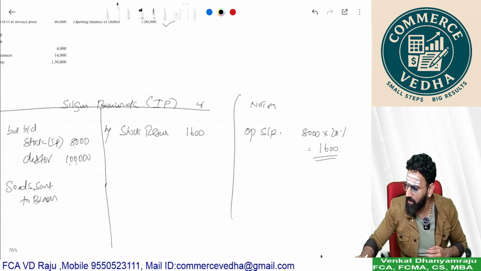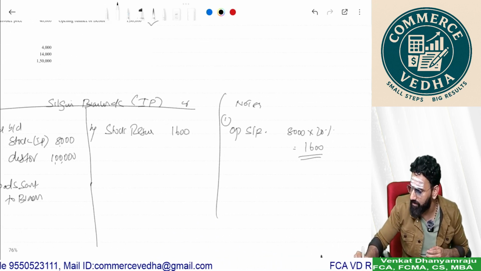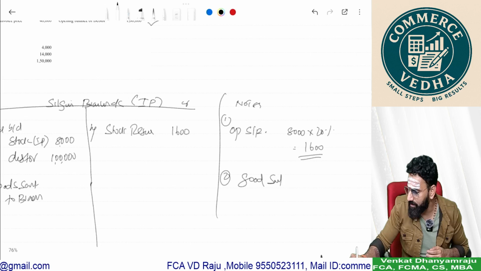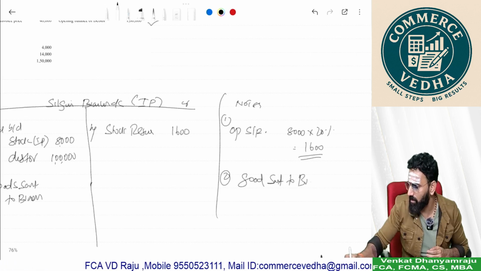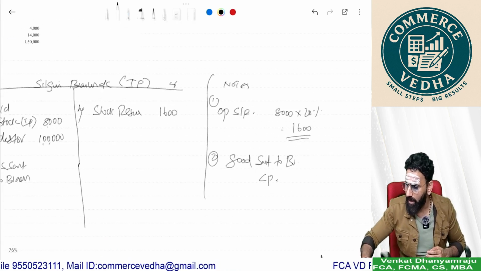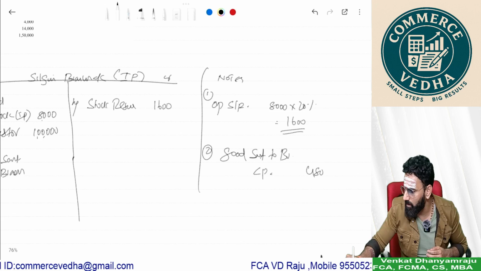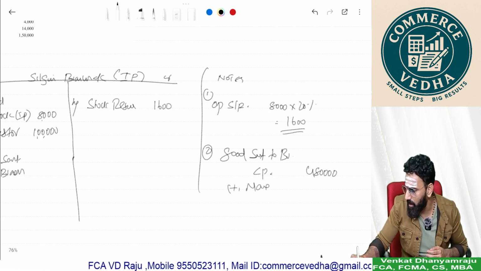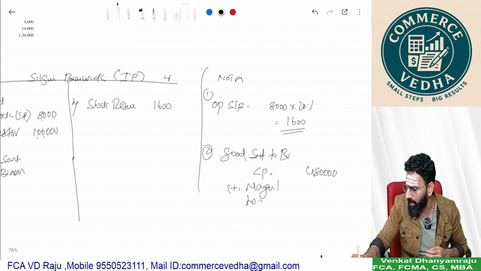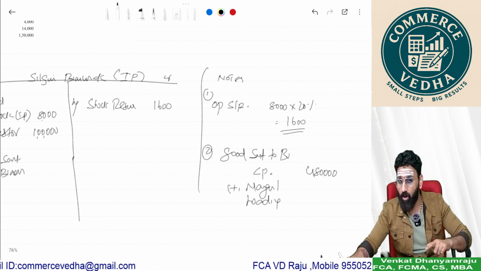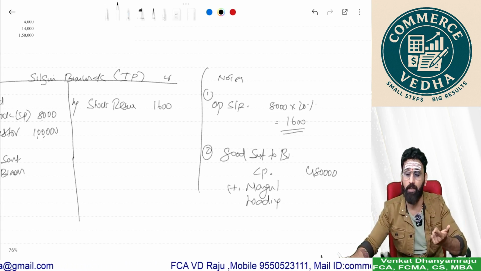Now let us see here the second working note. Goods sent to branch, cost price is 4,80,000. Add margin, or we can call it loading. So it is 20% on invoice price.